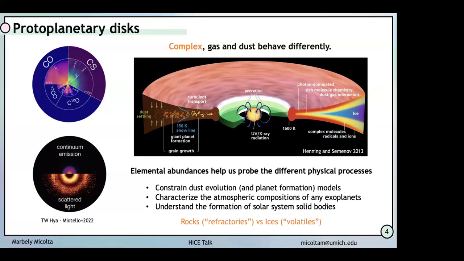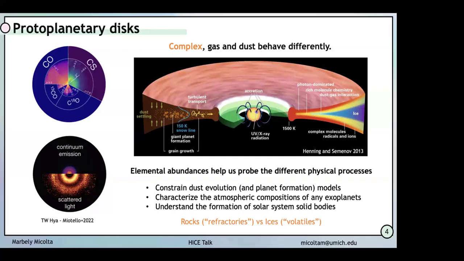And then we can also use it to understand the formation of the solid bodies we have in the solar system nowadays. We do it by separating rocks versus ices, or refractories versus volatiles. Refractories are those elements that need high temperatures to sublimate or turn back to gas, think temperatures of like 1500 kelvins, things like magnesium, iron, calcium, which will be essentially locked in the disk from the very beginning.